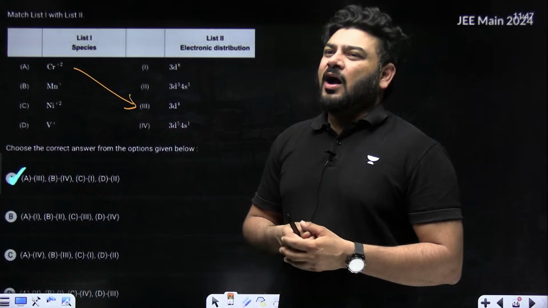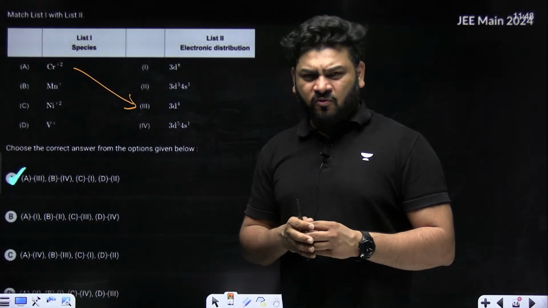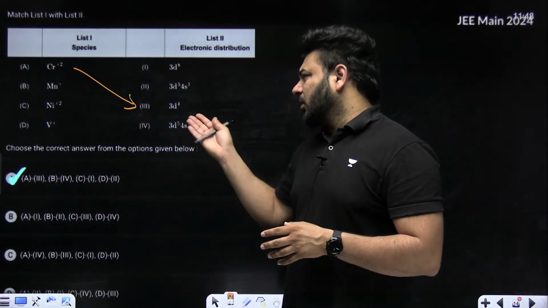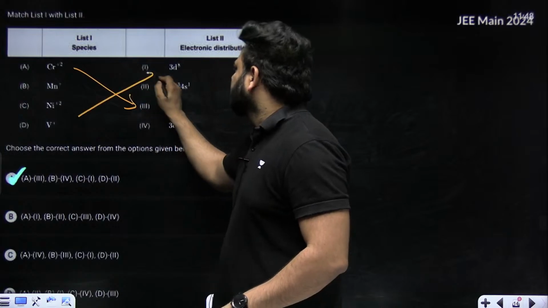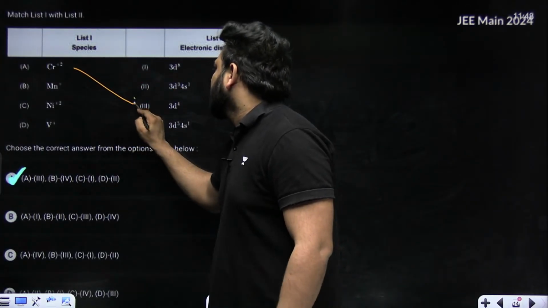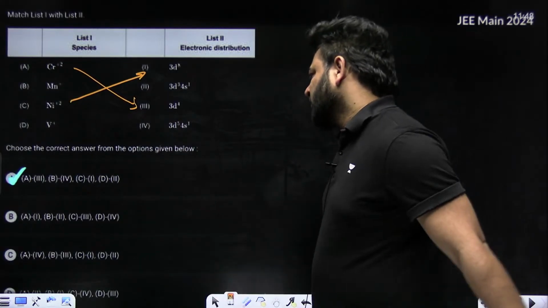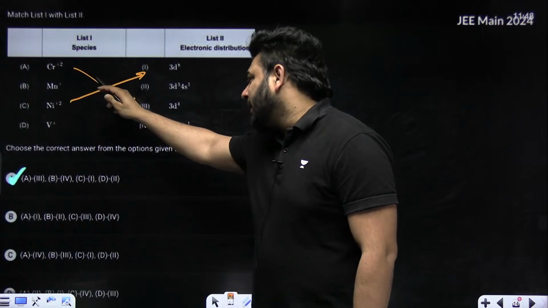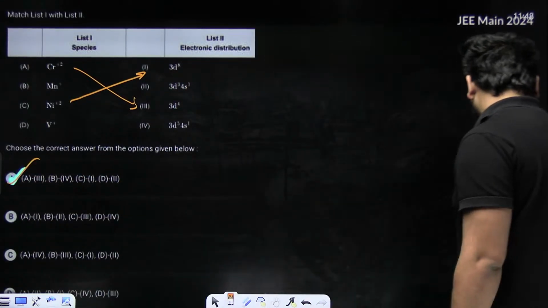And even if it's in its excited state of 3d5 4s1, after removal of 2 electrons, it will become 3d4. Nickel 2 plus will become 3d8. Now check out. This is d8. So C has 1. We have two options where C is 1, and we also found A has 3. That is only one option. First is the correct answer.